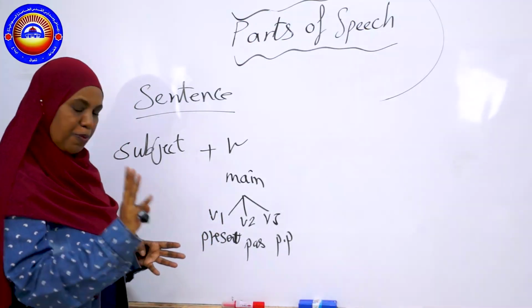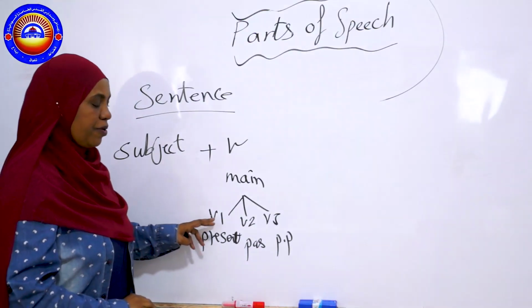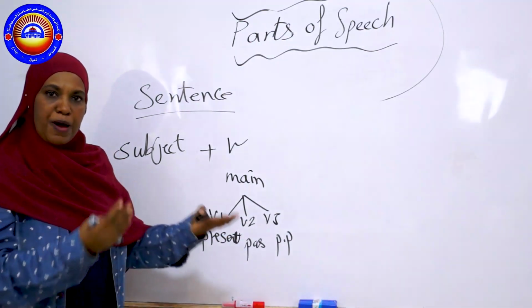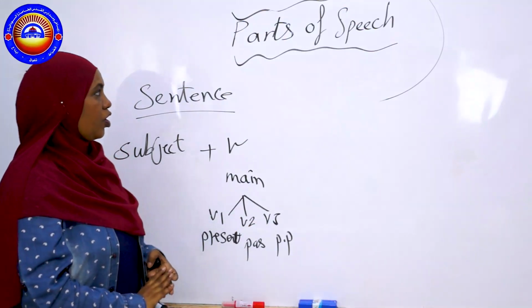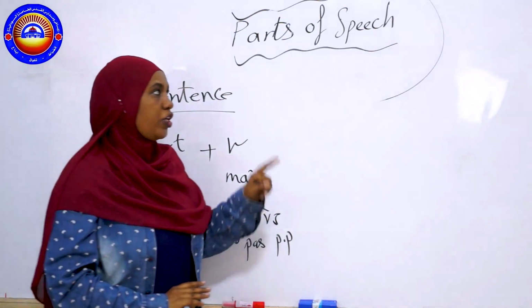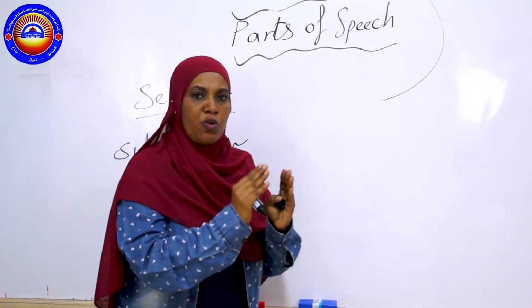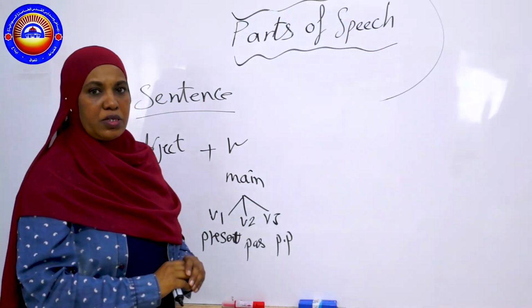Okay, type of indirect speech. So the verbs are going to be classified into these three parts: verb 1, verb 2, verb 3. To make sure that you gather all the information about the verbs, you have to know the three categories.